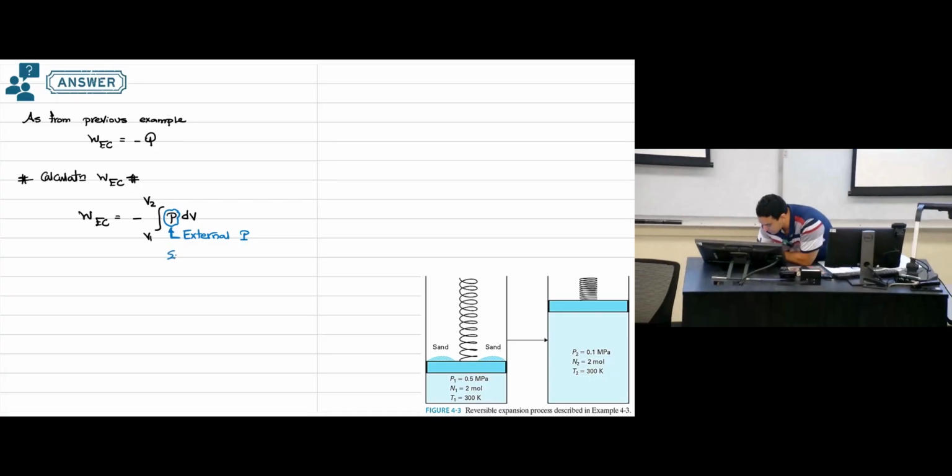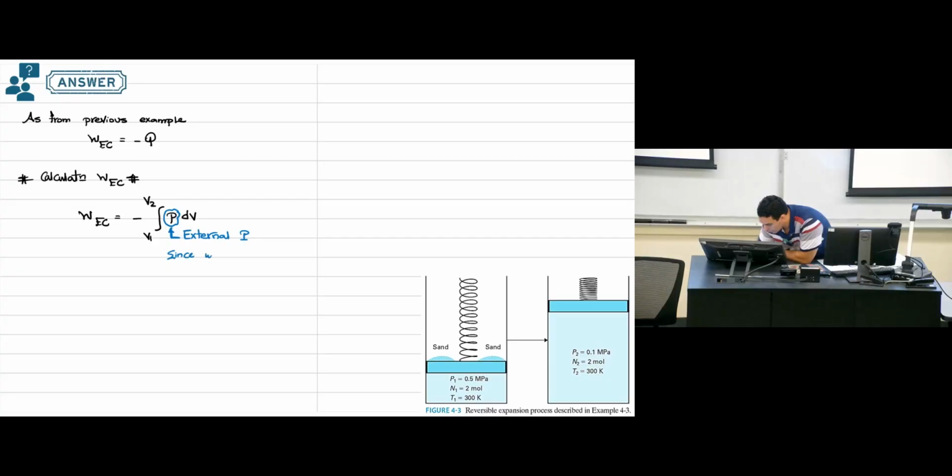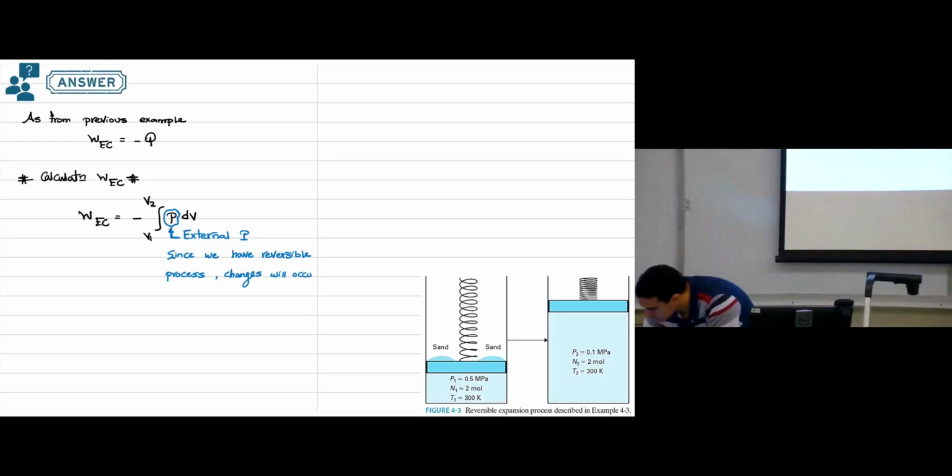Since here we have a reversible process, the changes will occur via equilibrium stages.